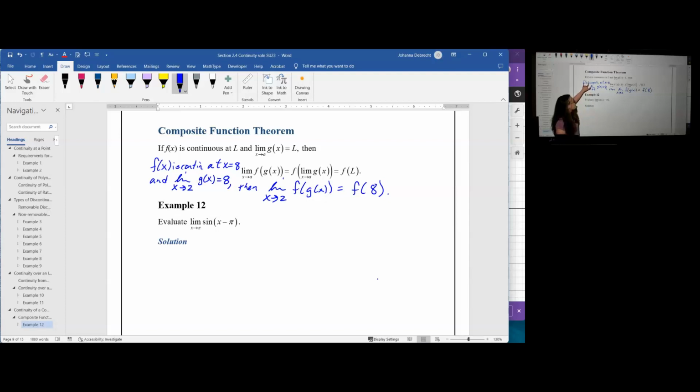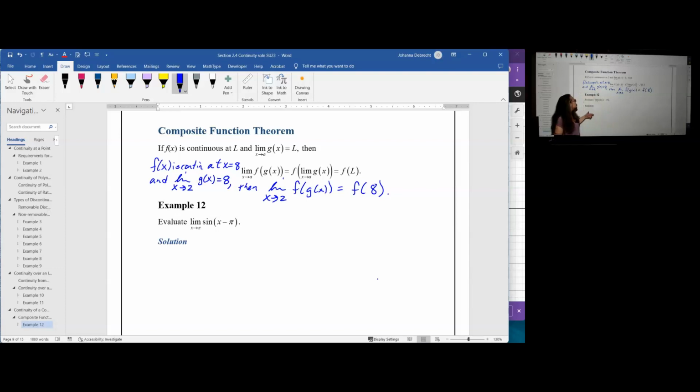Basically, f of x, the outside function, has to be continuous at the x value, which is the y value that came out of g after I substituted 2 in. So the original value that the limit is approaching for the composed function first goes into g, produces a limit value, say 8, and then takes that 8 and puts it into the outside function.